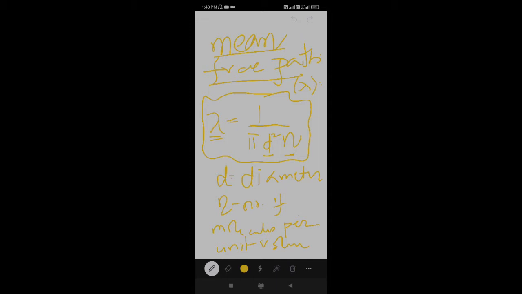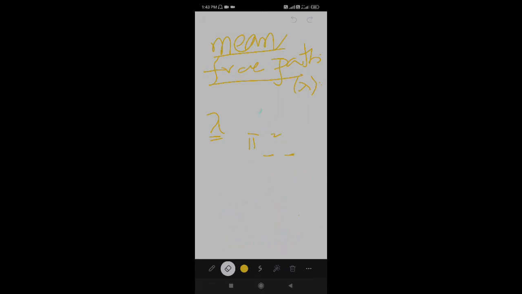Now let us directly go to the transport phenomena, which we wanted to do now. This concept is useful in discussing transport phenomena.